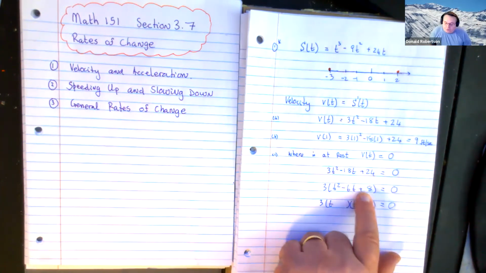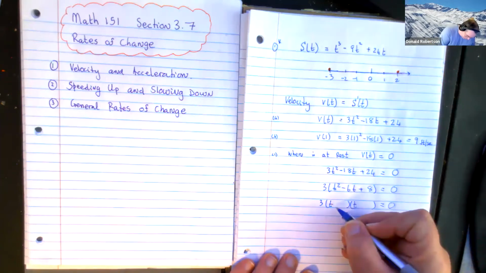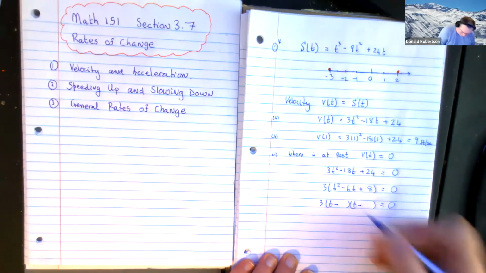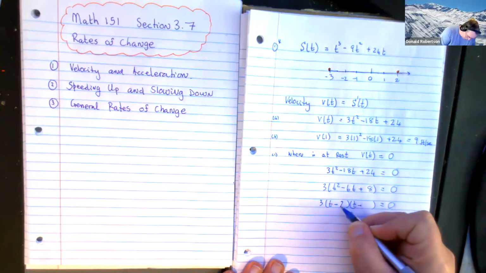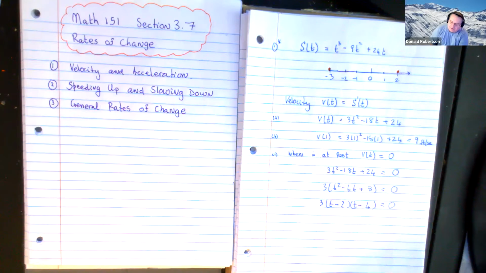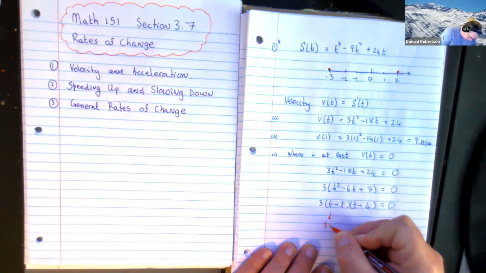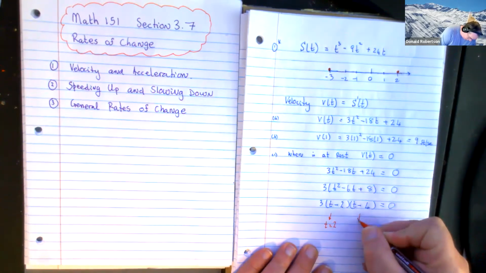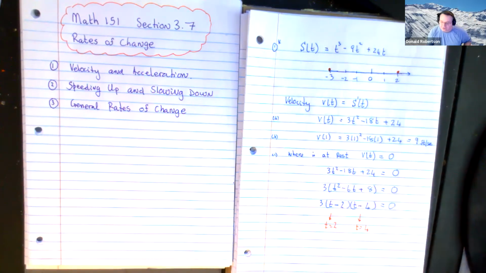You're looking for 2 numbers that multiply together, give you positive 8, but when you combine them, you get negative 6. So that's only going to happen if they're both negative. And you go through various combinations, and the only one of the combinations that work is that, which means we have 2 different points in time when this object is stationary.